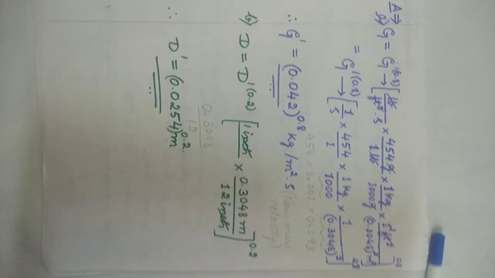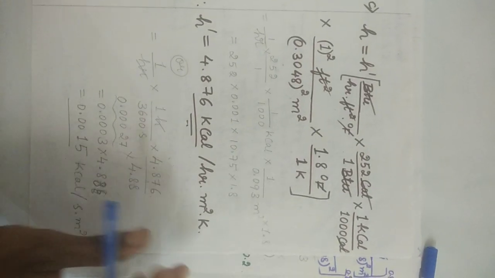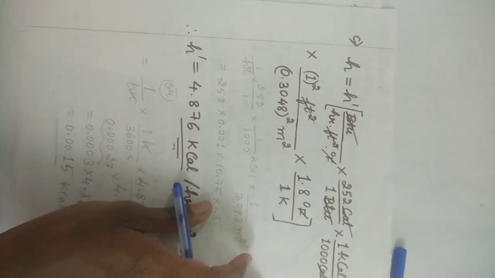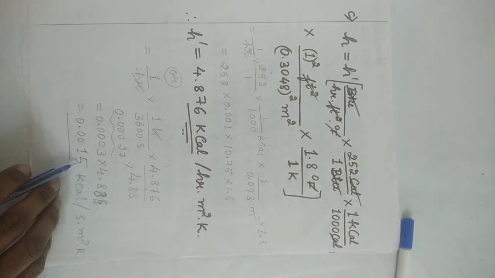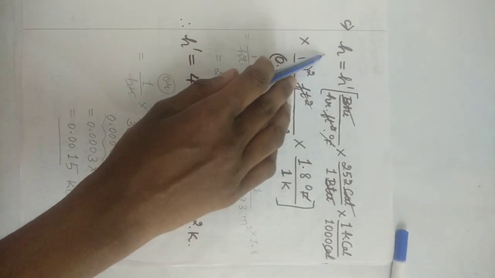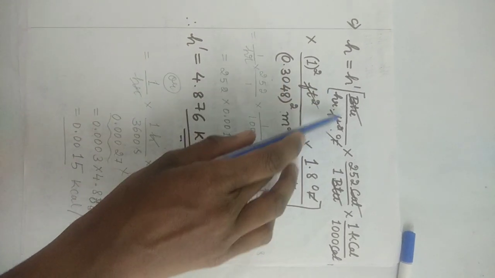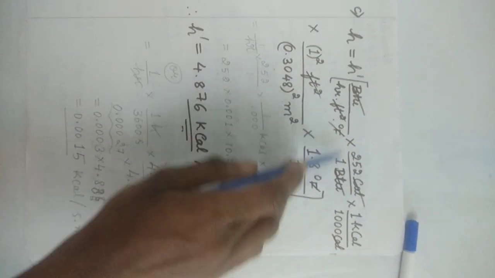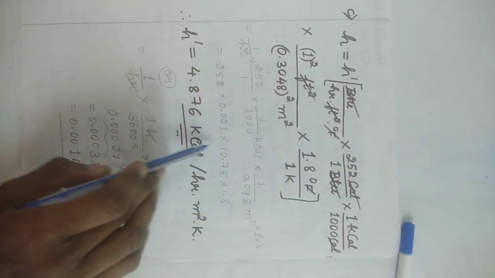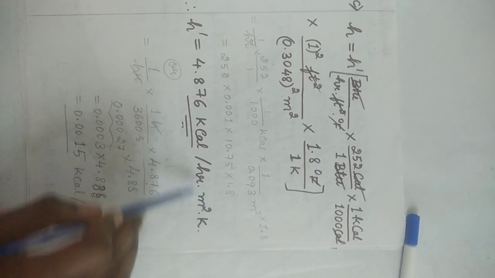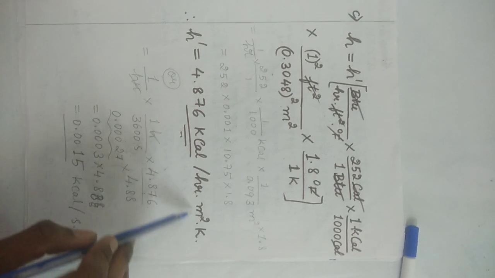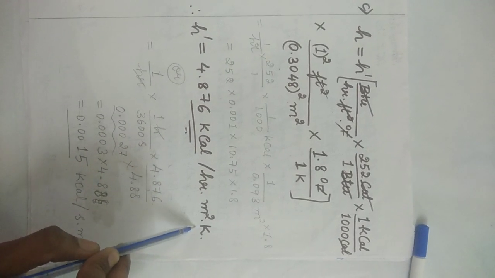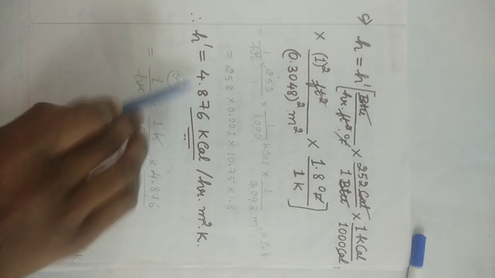One more is there, that is H. Can you see? H is equal to H dash into BTU per hour feet square degree Fahrenheit. We want it in standard units, that is kilocalorie per hour meter square Kelvin.